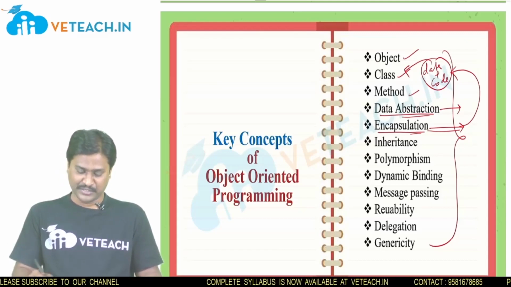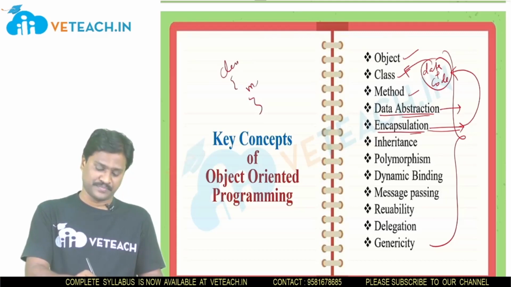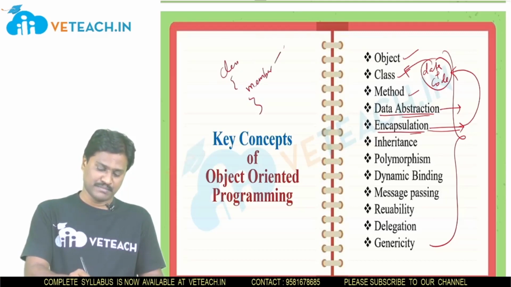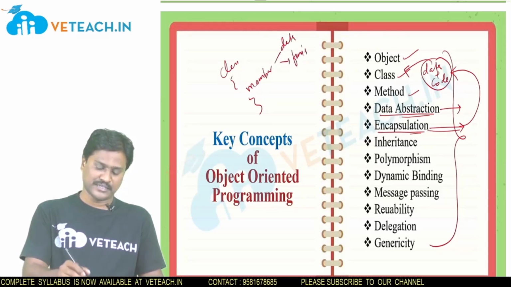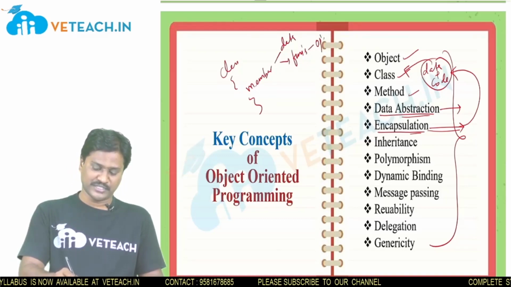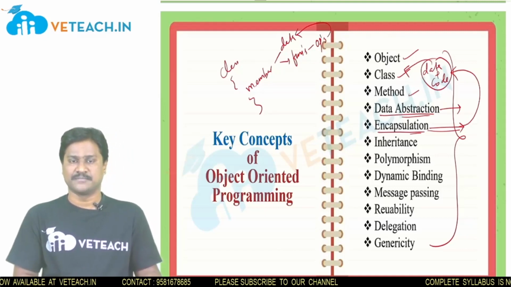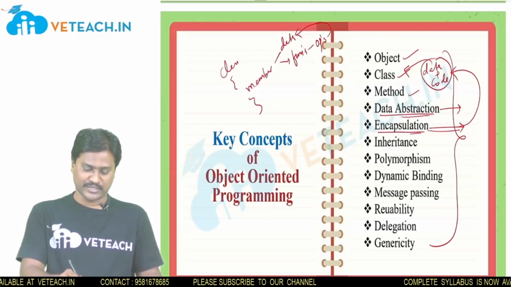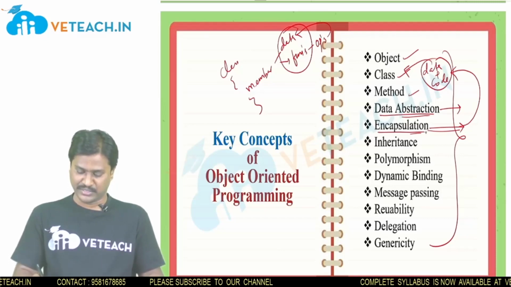A class is a collection of members, and these members may be data members or member functions. These functions contain the operations that are performed on the class data.